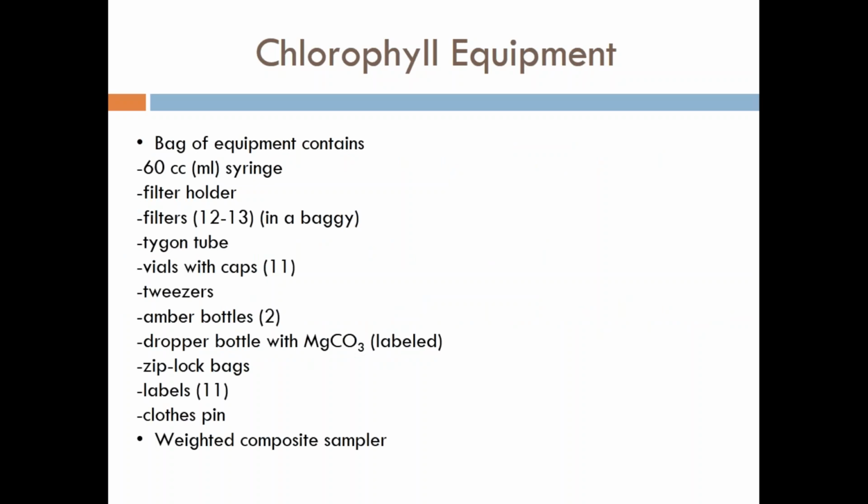I'm not going to go through this whole list, but I will say that if you registered for chlorophyll, you should have gotten by now your equipment in the mail, which will include a whole variety of things that you'll see get used throughout this presentation. So it should have arrived by now. Your first sample could start in 9 days, actually.